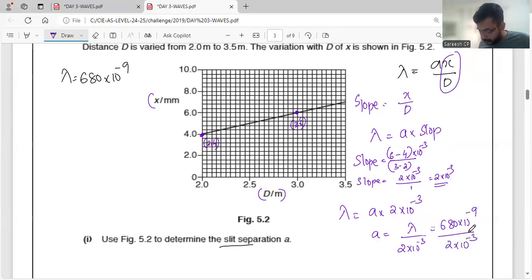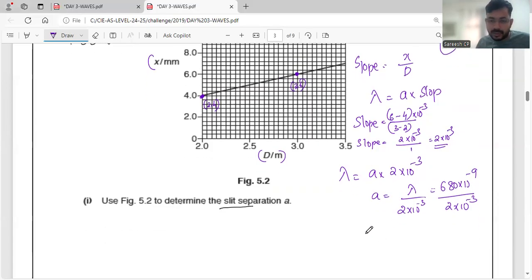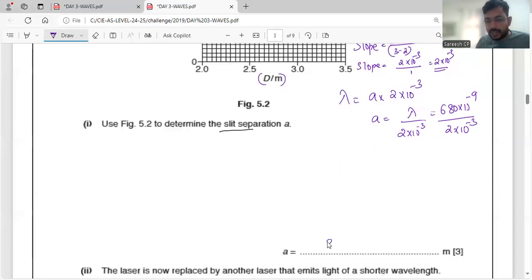You would get the answer as 3.4 times 10 to the power minus 4. So the answer here is 3.4 times 10 to the power minus 4.